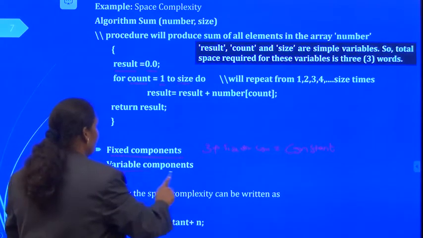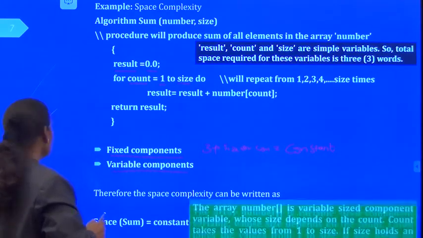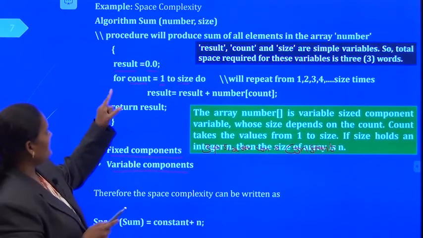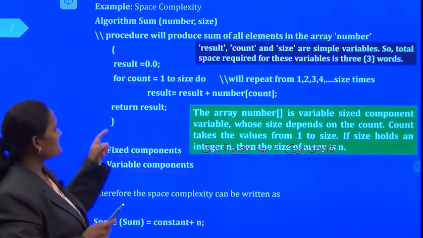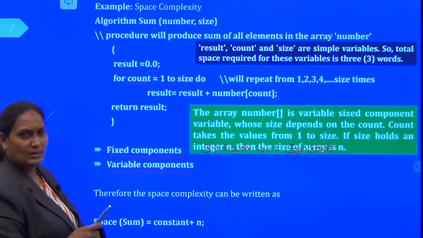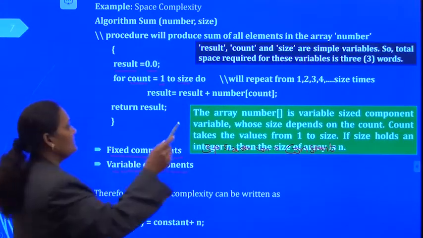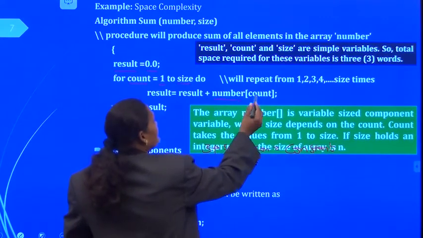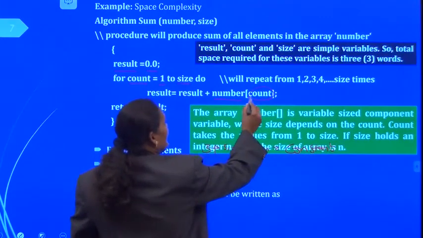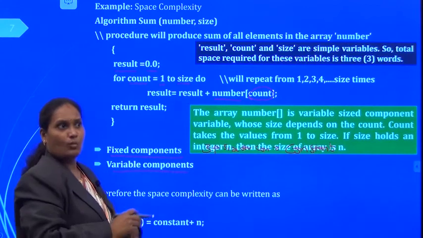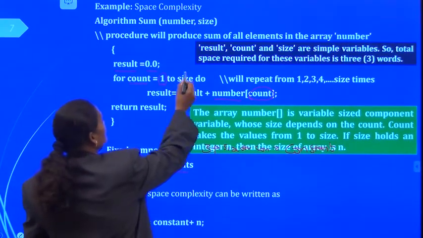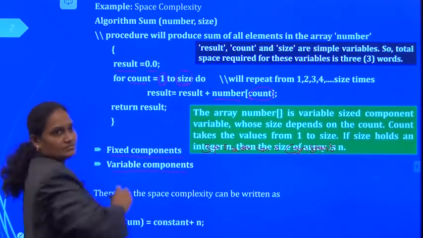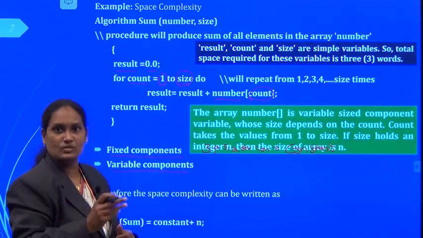Next, coming to variable components. Here I have taken an array which is nothing but number. What about the size of that array? Here, this array size is given by count. What about the value of count? Here, count varies from 1 to size.